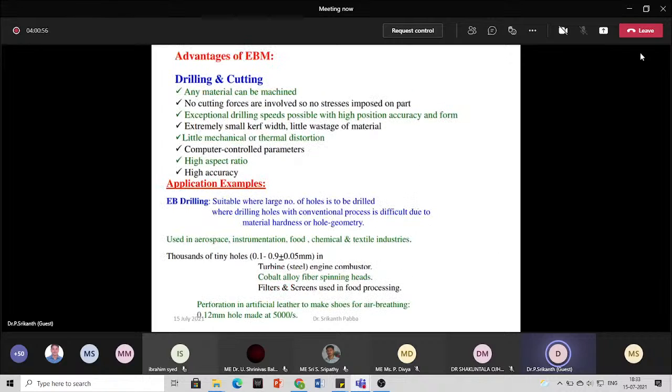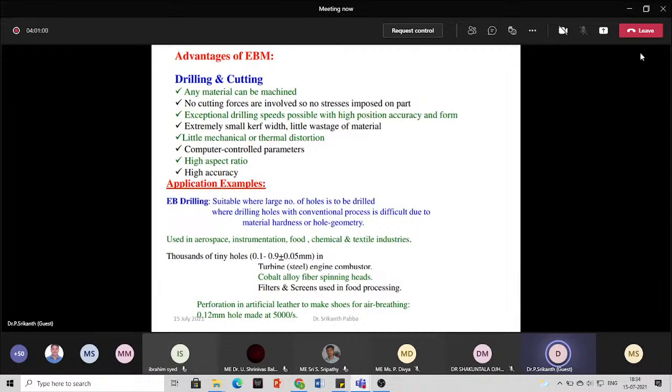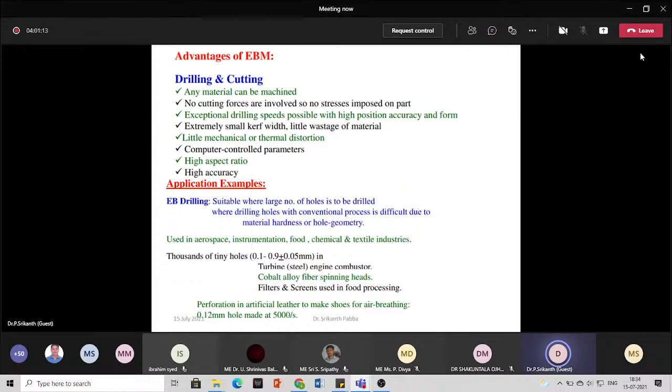As for the advantages of EBM, drilling and cutting operations can be done: drilling is making holes, and cutting is making complex shapes. Any material can be machined, whether conductor or non-conductor. No cutting forces are involved, so no stresses are imposed on the part.